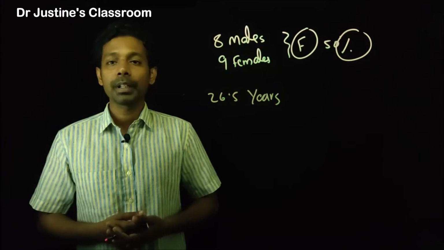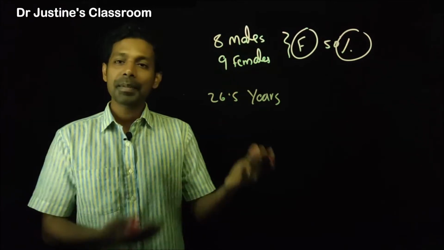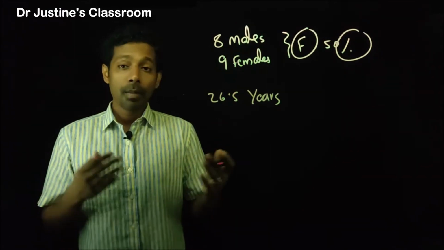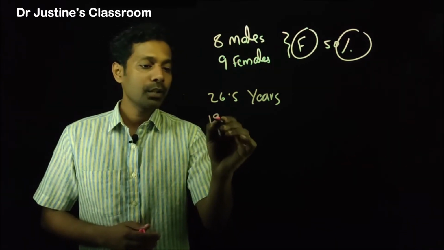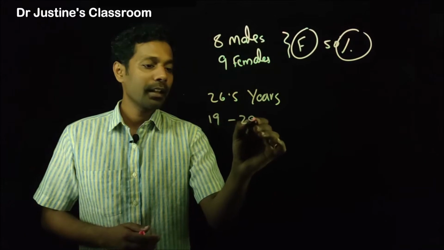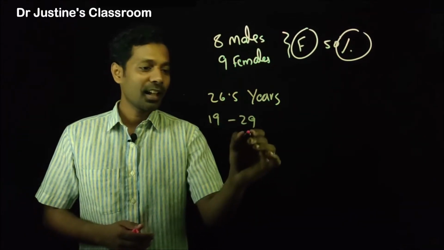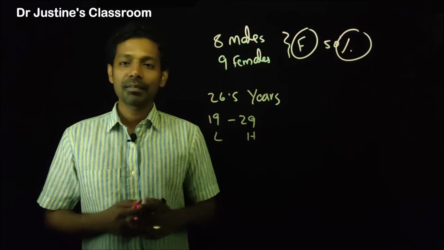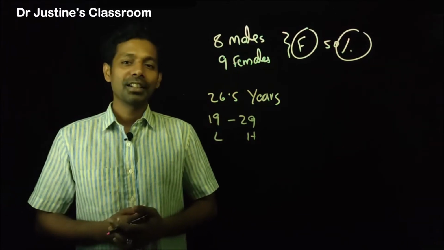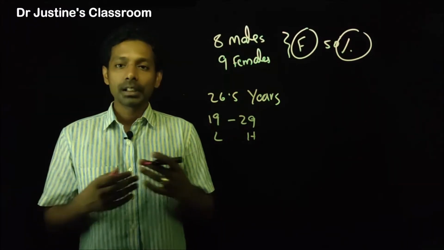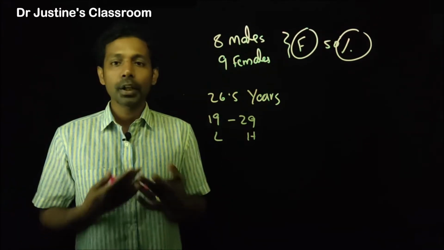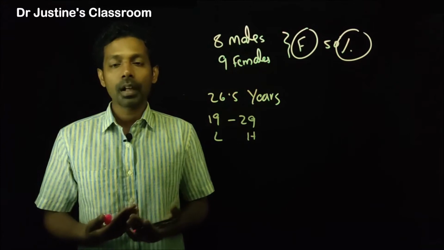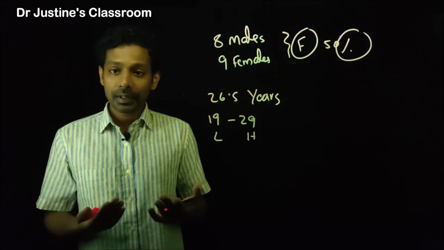Most probably this could be the arithmetic mean. I am describing my sample. Or I'll say that my sample age ranges from 19 to 29. What is that? It's a higher score, it's a lower score. It's a kind of measure of range. So these are the different ways in which generally we describe our sample. So any statistical method used to describe our sample is called descriptive statistics.